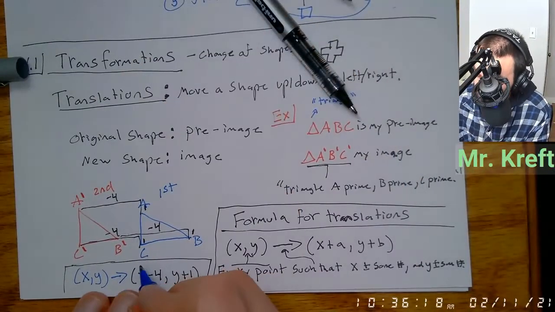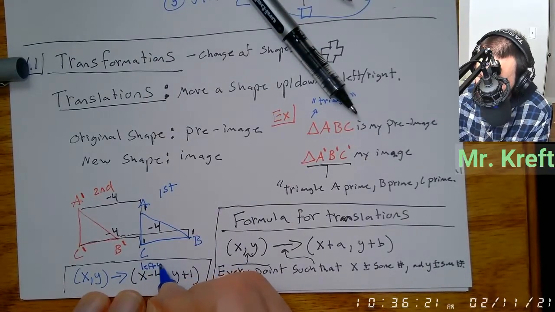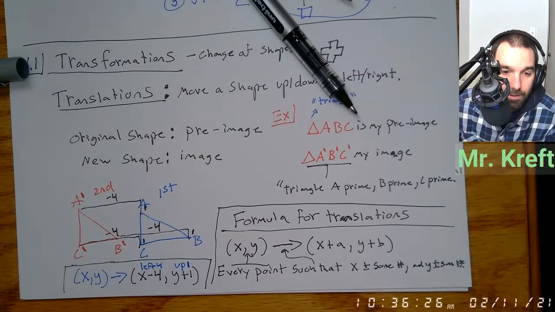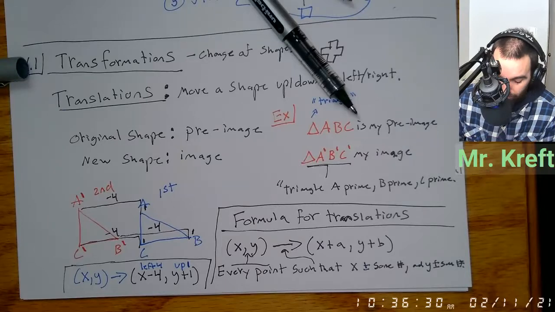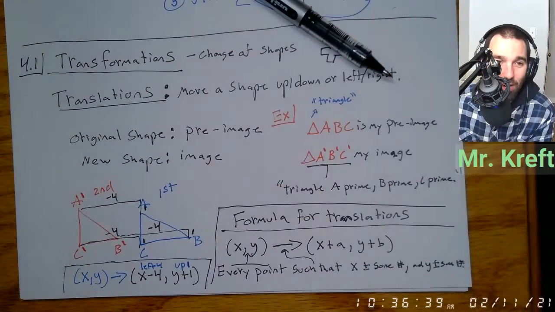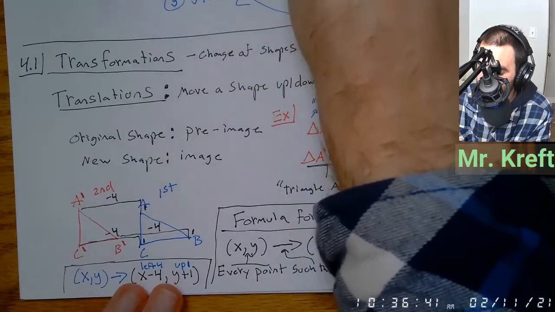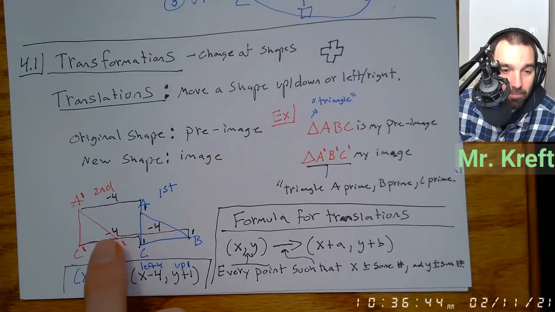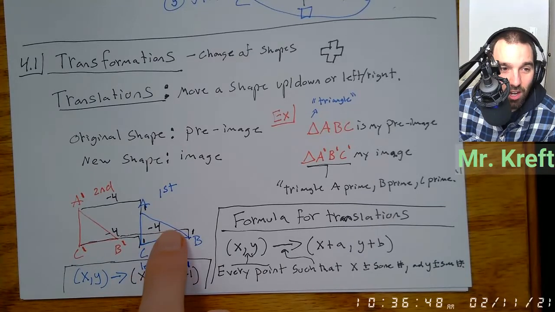Okay, and if you want to convert this to English, that's left 4, up 1. Okay, we're going to practice this a lot. I just thought I would throw you into the deep end and we would try this a little bit. So the shapes are going to be the same. And all we're doing here is, see how all of them were left 4 and up 1.